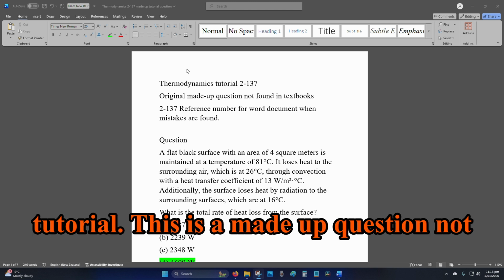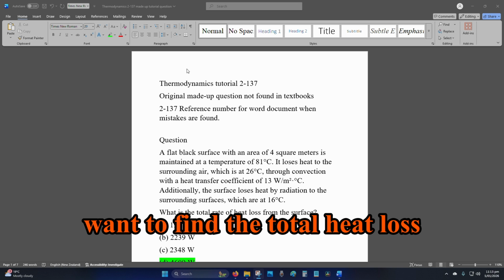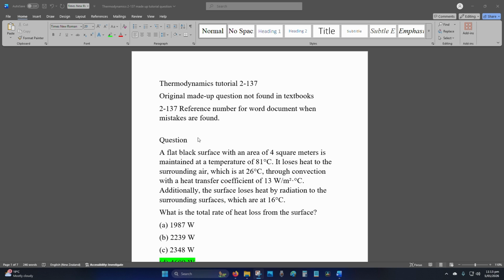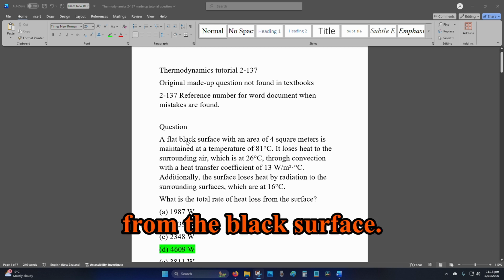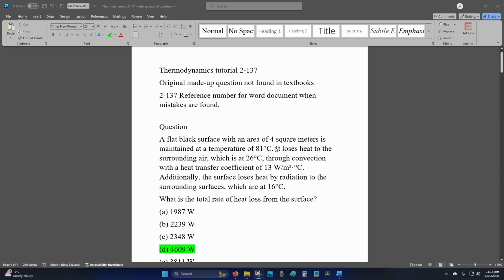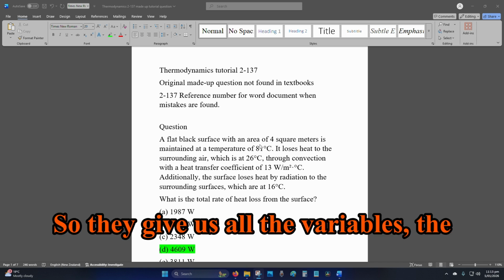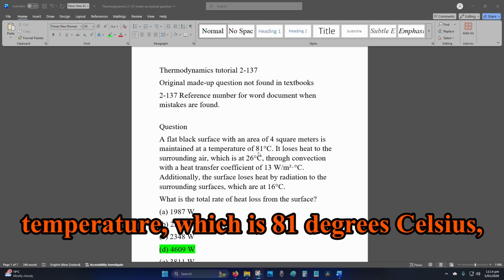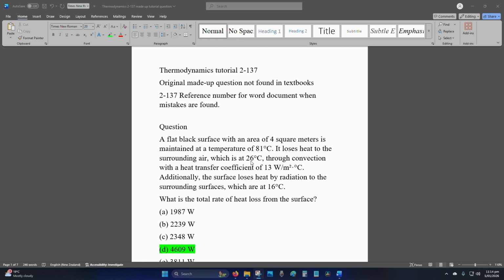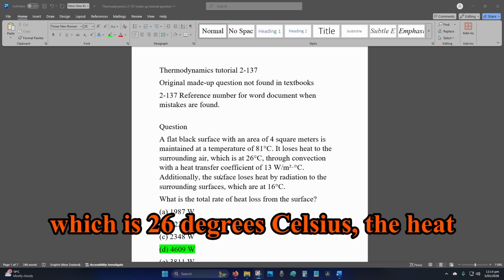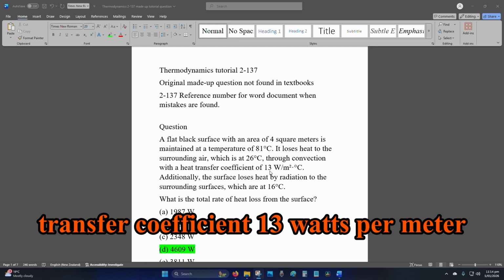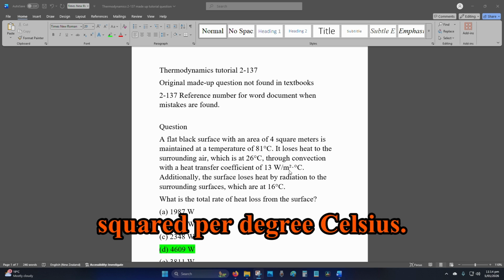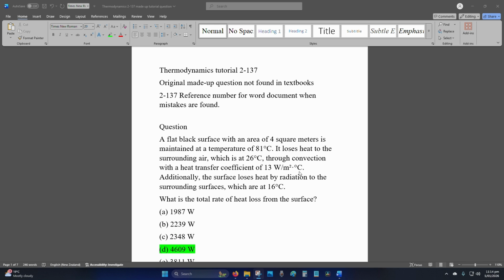This is a made-up question not found in your textbooks. We want to find the total heat loss from the black surface. So they give us all the variables: the area, 4 meters squared, the surface temperature, which is 81 degrees Celsius, the ambient temperature, which is 26 degrees Celsius, and the heat transfer coefficient, 13 watts per meter squared per degree Celsius.